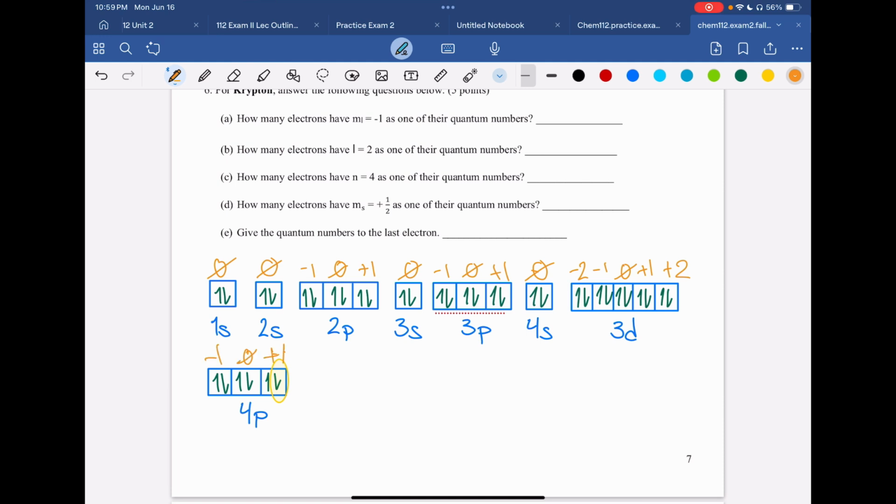Okay, great. So your quantum numbers are N, L, M sub L, and M sub S. The first two quantum numbers, N and L, refer to the bottom of the box.